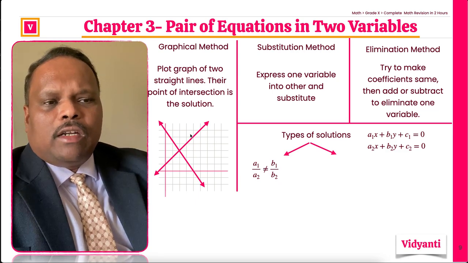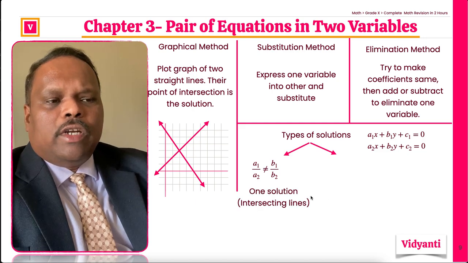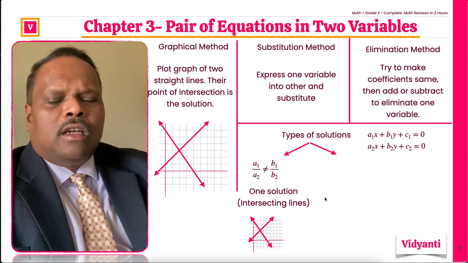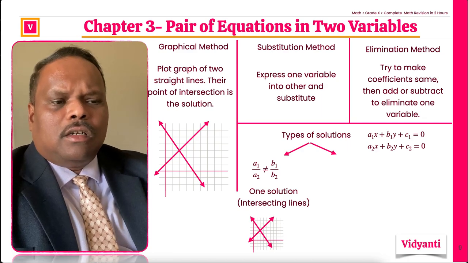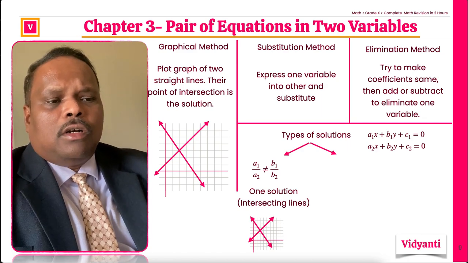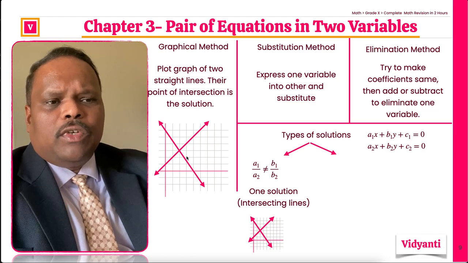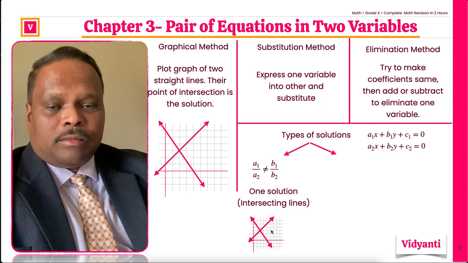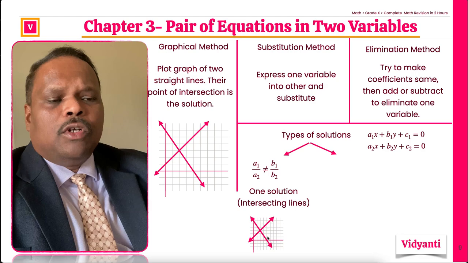Then you get this kind of scenario: you will get only one solution because the 2 lines will be intersecting. Graphically, I can show a scenario very similar to this one. You get 2 distinct lines, they cross over at some location, you get one nice answer, and this is the best case that can ever happen to you in solving 2 linear equations.